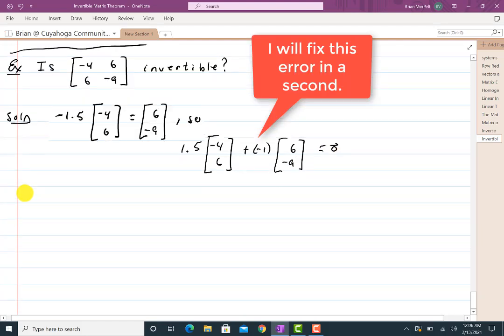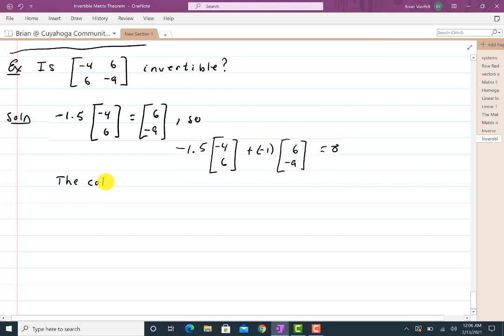In that format, you can see that the columns are not linearly independent.